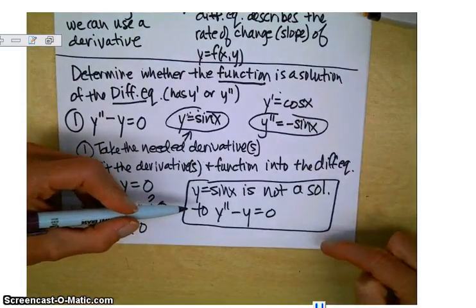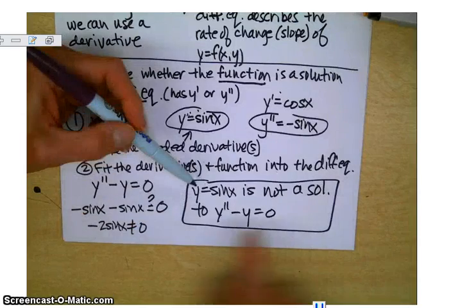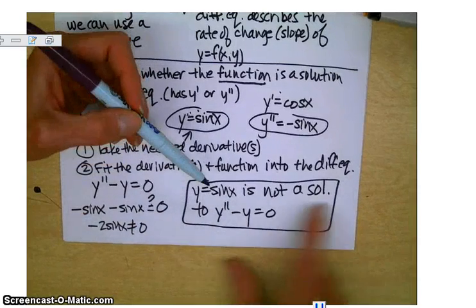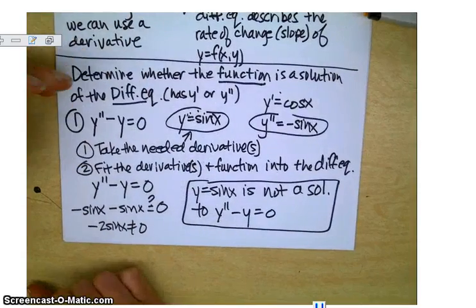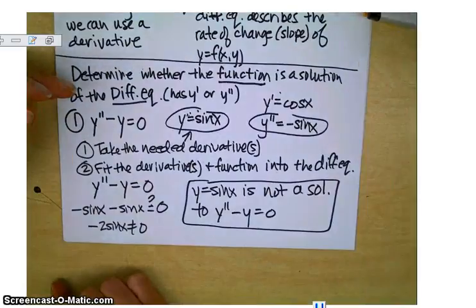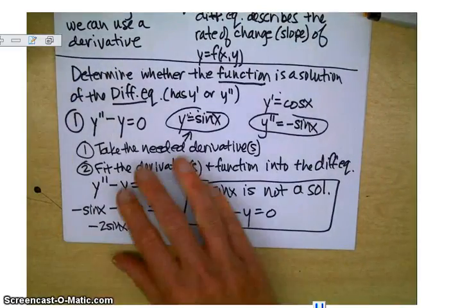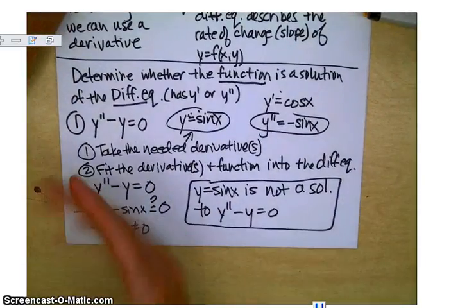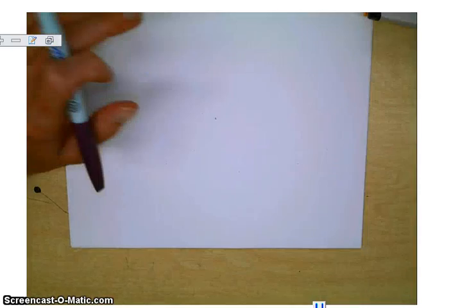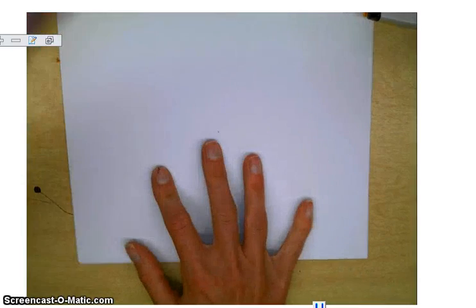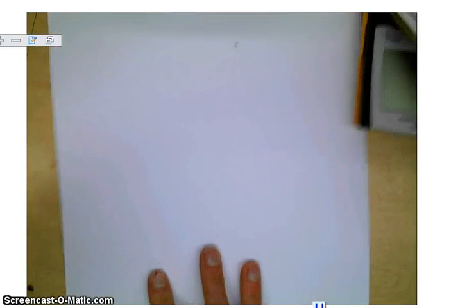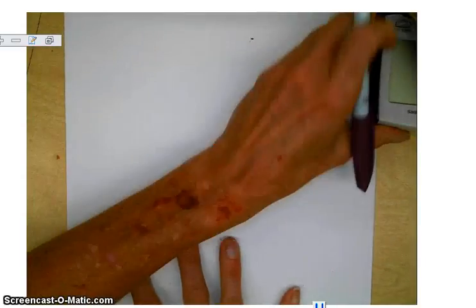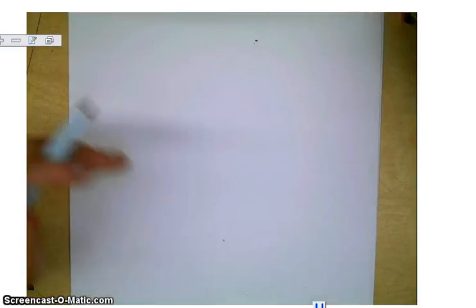So this function is not a solution to that differential equation. All we're going to be doing is looking at a few more of these examples.